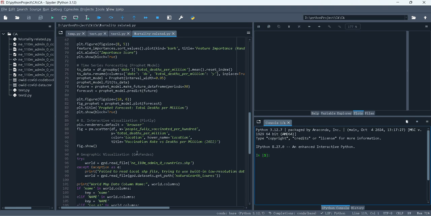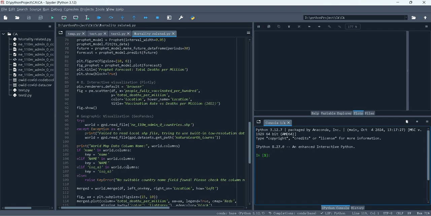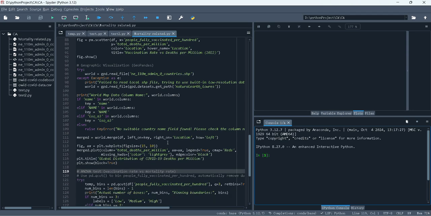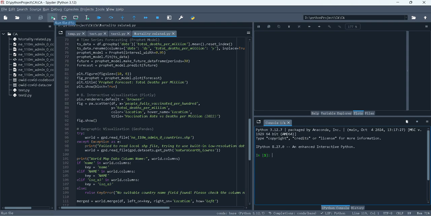It is also a graph that shows the distribution of mortality in the world. And in this part, we filter the columns to verify which column data can identify the country's data. And now we start the file.